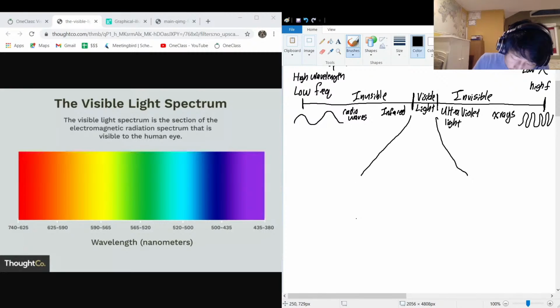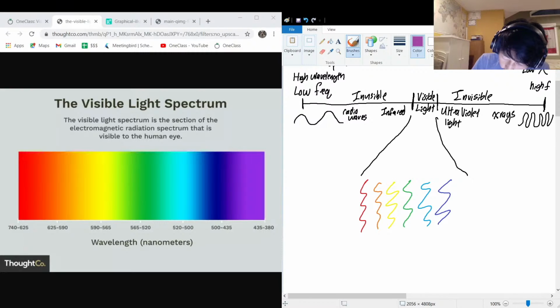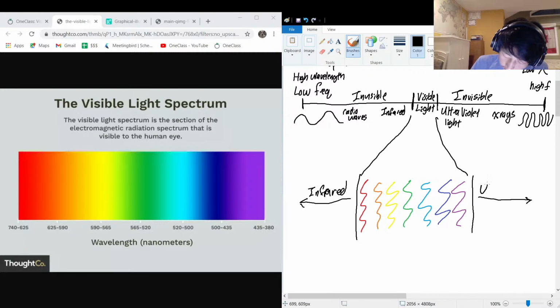If I'm going to draw it out, we've got red, orange, yellow, green, blue, purple, violet. So you can kind of see why infrared, and here is ultraviolet.